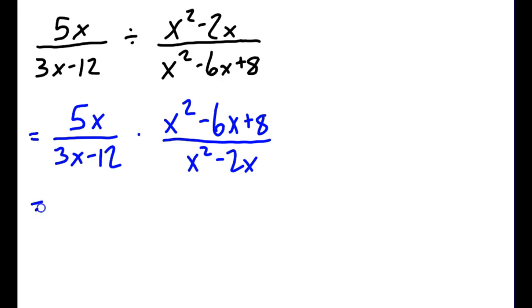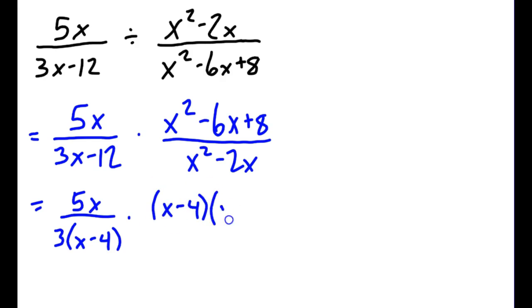We want to go through, factor all the numerators and denominators, see if there's any factors that are in common that we can simplify out. So we have 5x divided by 3x minus 12, that has a 3 in common. This is 3 times x minus 4, multiplied by, looking at x squared minus 6x plus 8, that factors into x minus 4 times x minus 2.